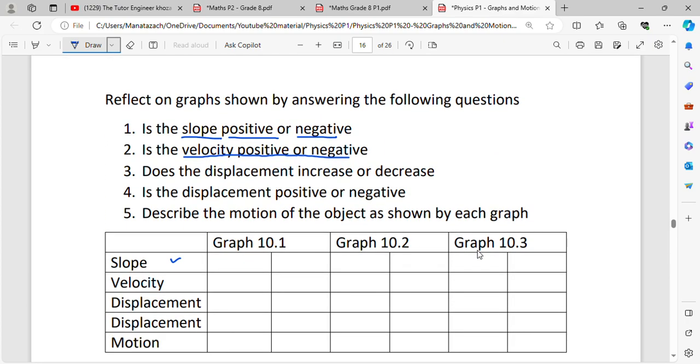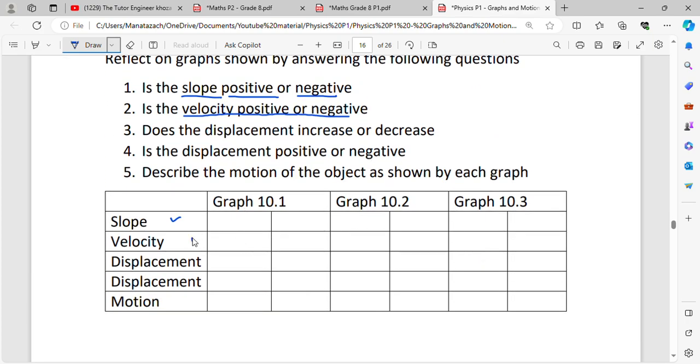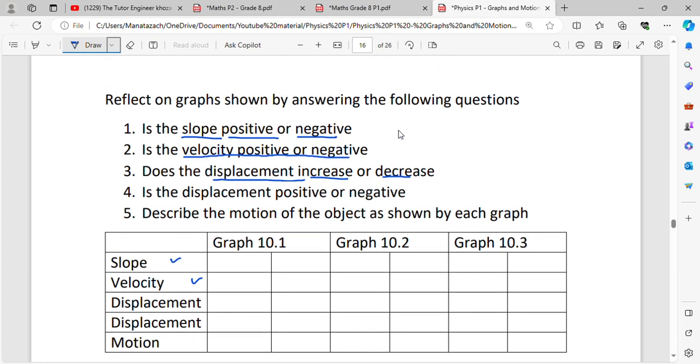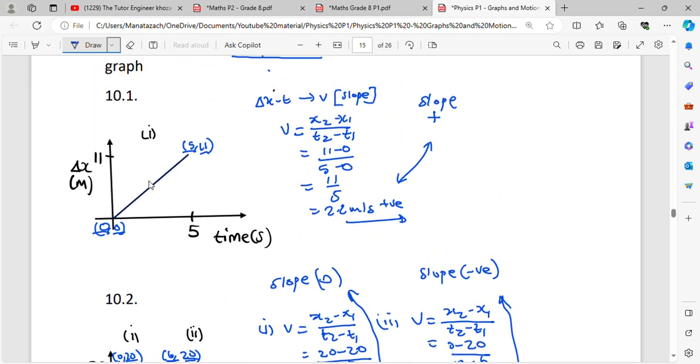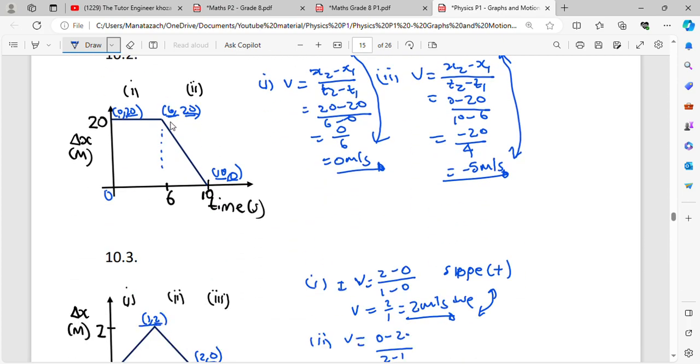So let's come to the third question. Does the displacement increase or decrease? Looking at this displacement-time graph, you'd say that the displacement is increasing here. On this part of the graph, the displacement is 0, which is just constant. There is no increase. The increase is 0 basically. And then here, the displacement is decreasing towards the positive direction.